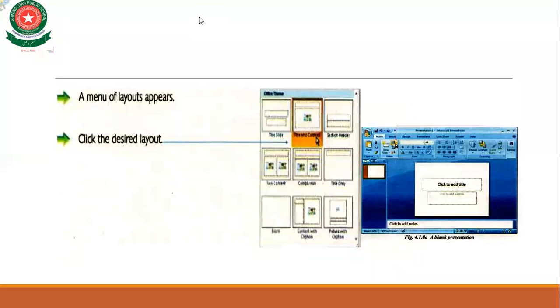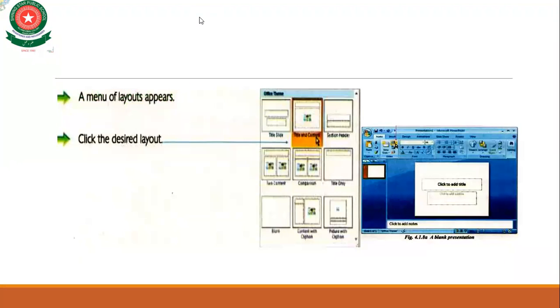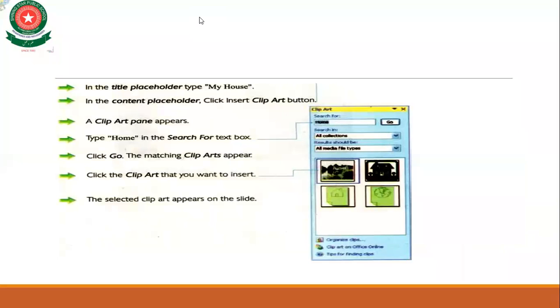So what you have done: first of all, open a new document, then in the Home tab, in the Slides group, click Layout. A menu of layouts appears. Click the desired layout, then in the title placeholder, type My House. Then in the content placeholder, click the Insert Clip Art button.